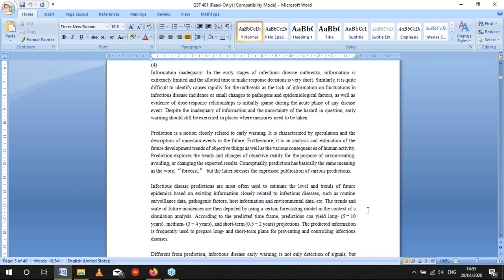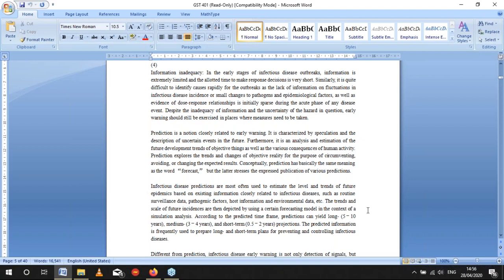And I said the early warning system is an essential component of public health emergency work, and it has its characteristics, which I've just mentioned. And I made mention of prediction also as a notion that is closely related to early warning, and it is also characterized by speculation.